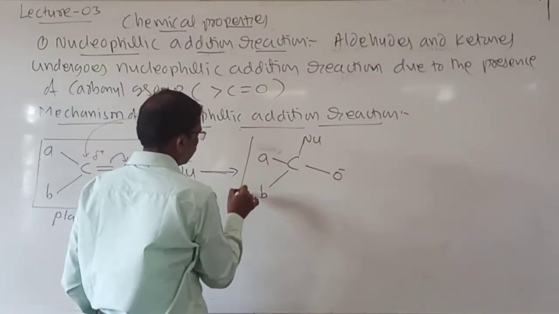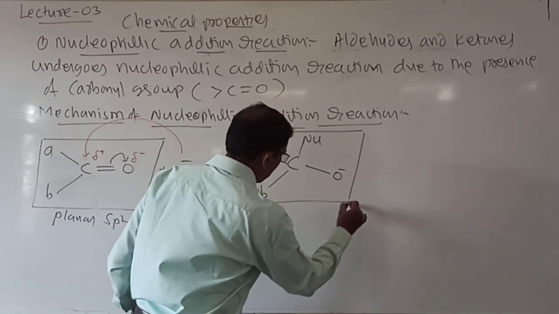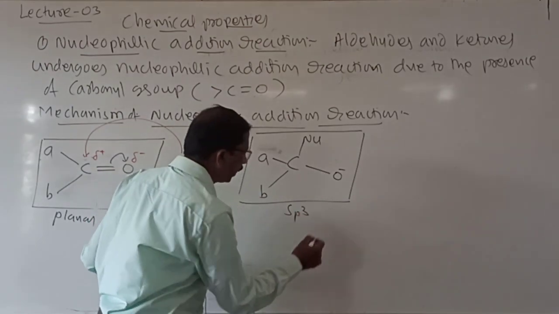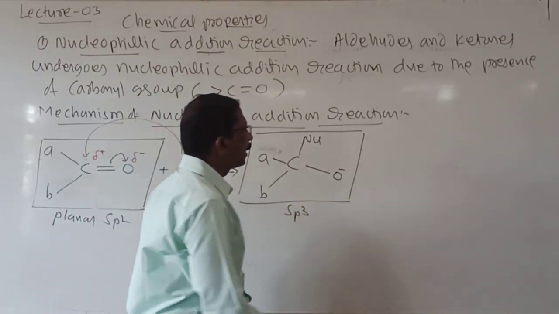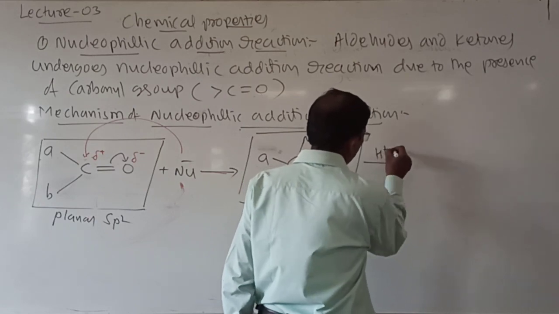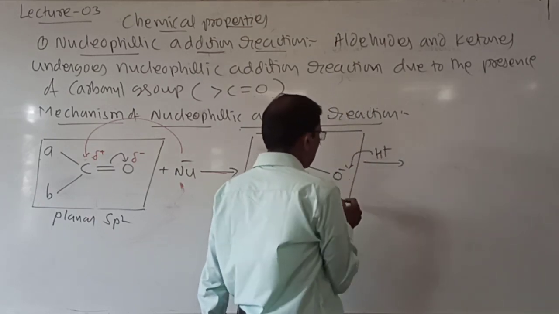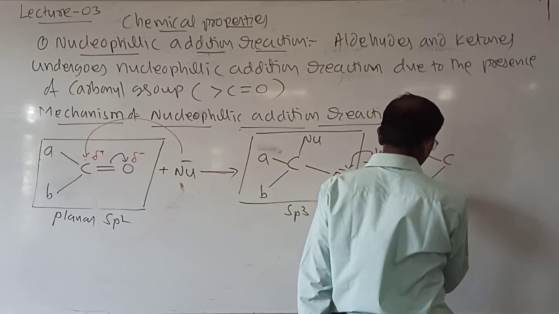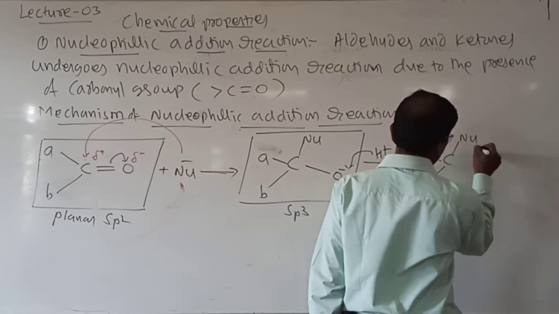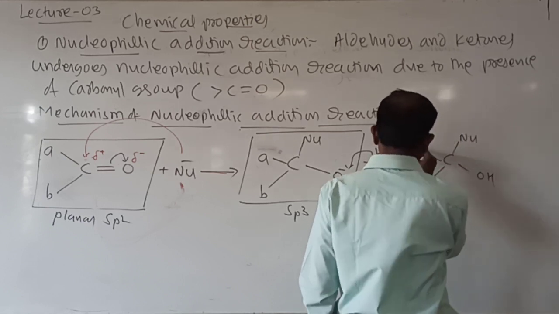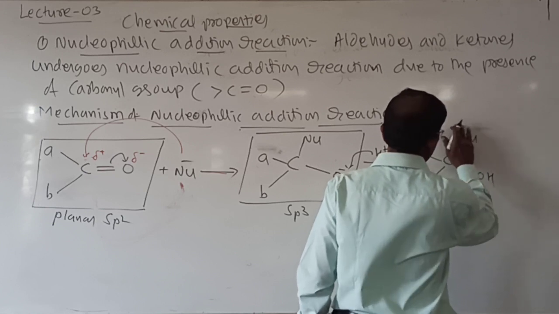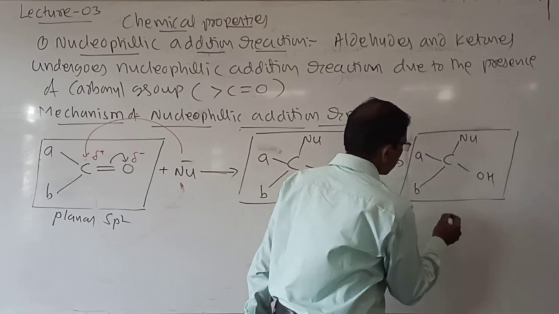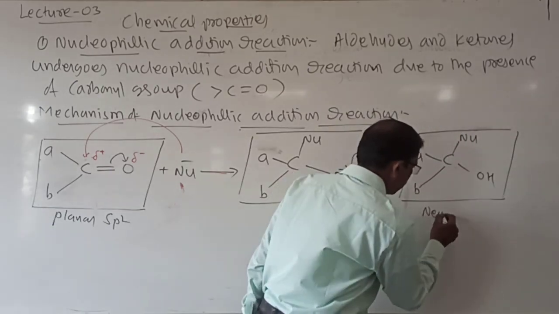Look here students, the hybridization of this planar structure changes, so it becomes sp3, and then it undergoes protonation. A proton attacks here and it forms a neutral product.